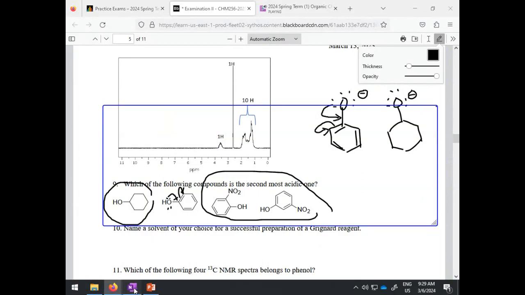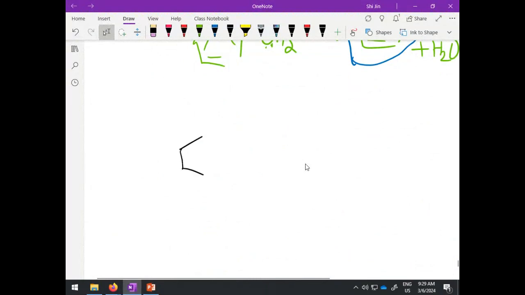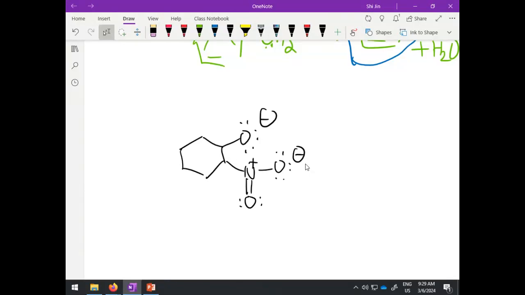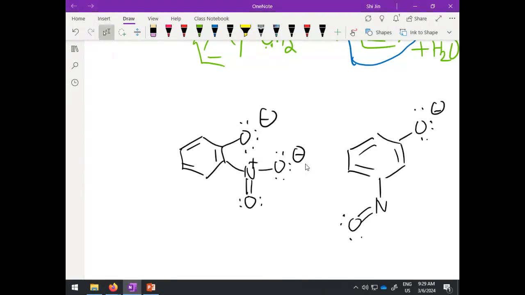So if you look at the ortho version, and the meta version, basically you're going to look at the conjugate base.